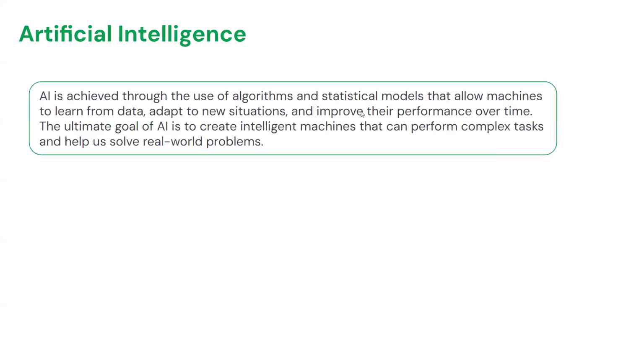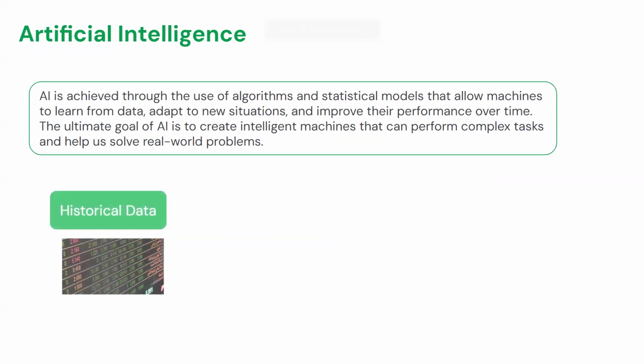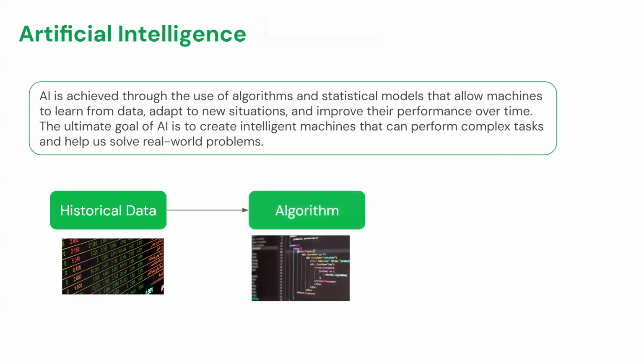When you say AI model, you have something called historical data, one of the important aspects in any AI building process. You should have data. You feed this historical data to something called an algorithm.